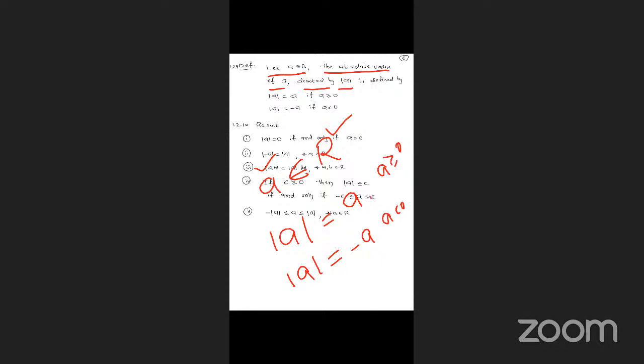Mod A gives plus A, and mod A gives minus A. It means mod A is giving plus or minus A. Mod A is called the absolute value.